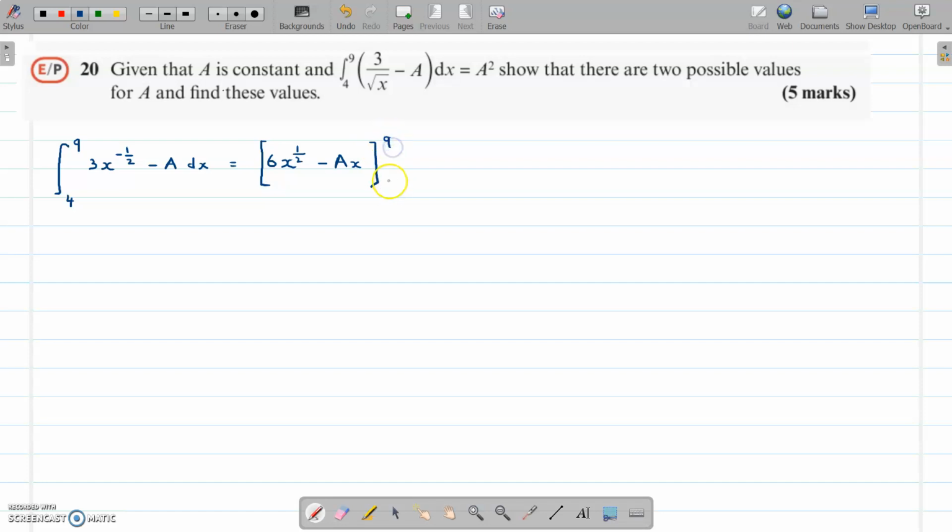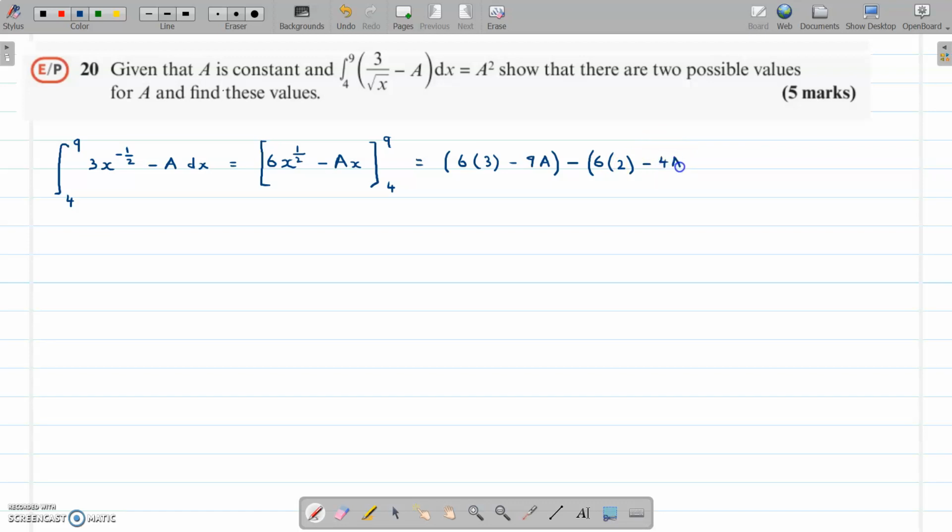Well, if we take those limits and put them into substitution, we get in the first case 6 times 9 to the half, which is 3, the root of 9, minus a times 9, which is 9a, and then we subtract the substitution with the 4, which is going to give us 6 times root 4, which is 6 times 2, all this needs to be in a bracket here, and from that we've got to take away 4a.